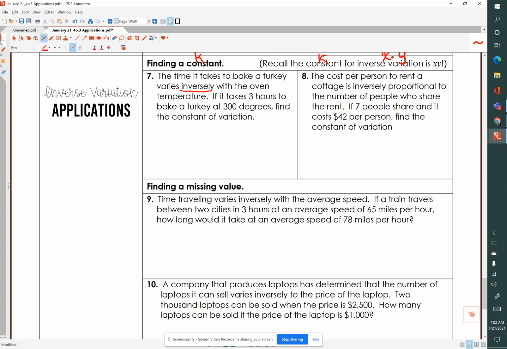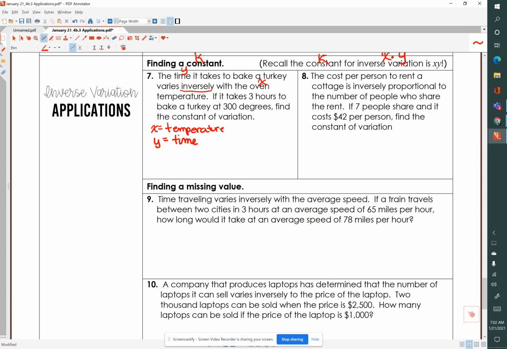So we've got the time, which is our y value, and the oven temperature, which is our x value. So our x is going to be temperature, and our y is going to be time.